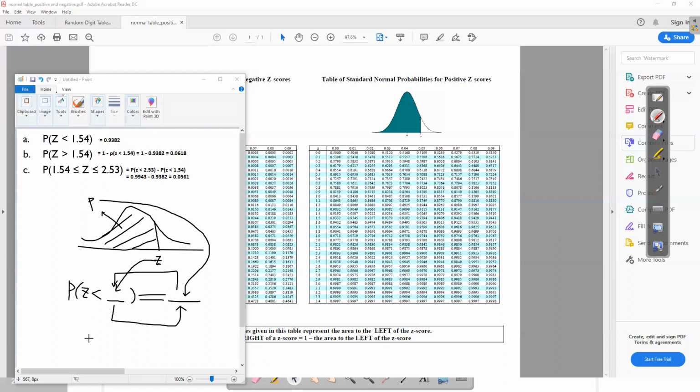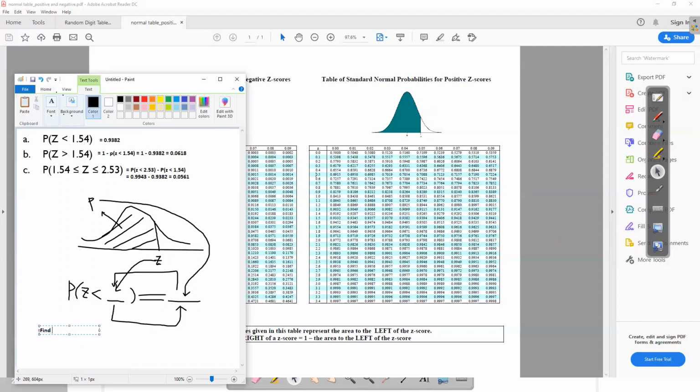So for example, say I'm looking for a Z-score, a particular Z0, so that probability of Z less than that Z-score will equal 0.9382.